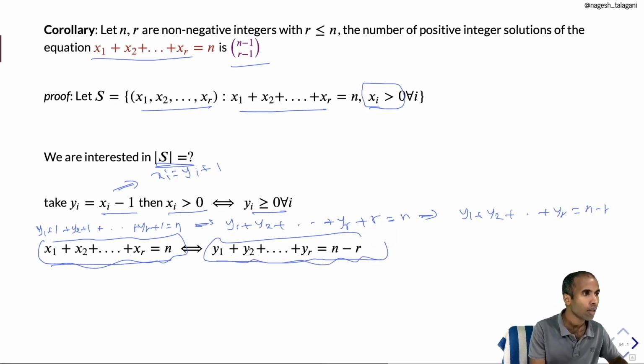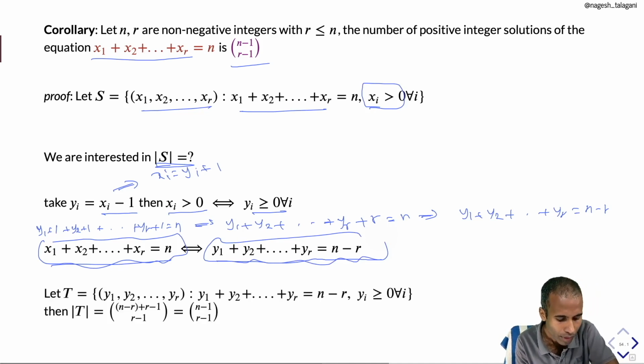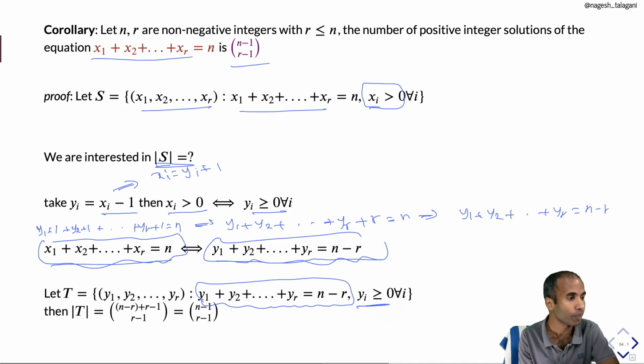Now, let me look at T, which is the set of non-negative integer solutions of this equation: y1 plus y2 plus yr equal to n minus r, where the y's are non-negative. But we know how to count non-negative integer solutions of such an equation. Here, in place of n, we have n minus r, right?